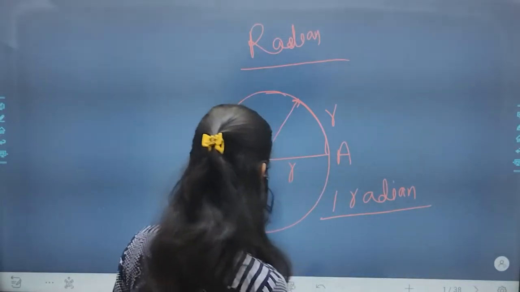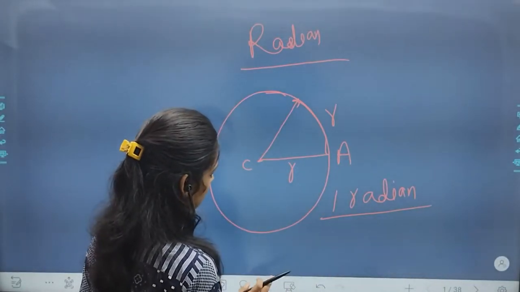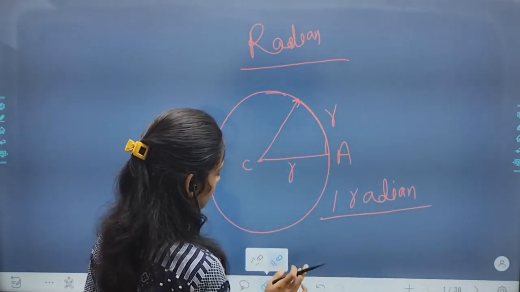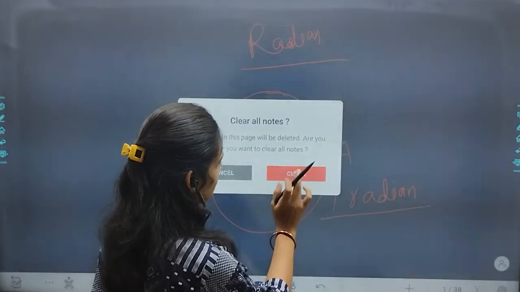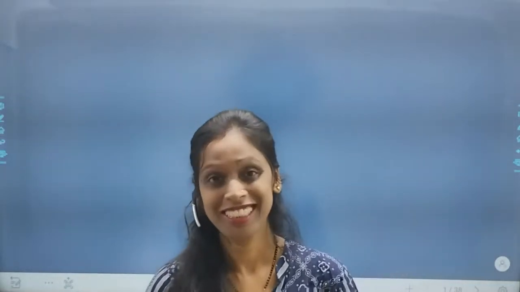Now we connect a degree to a radian. How? It is very important to understand, because you know how we connect two measurements.